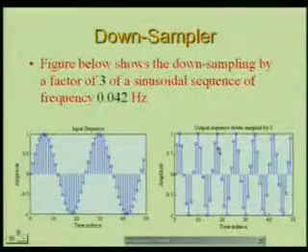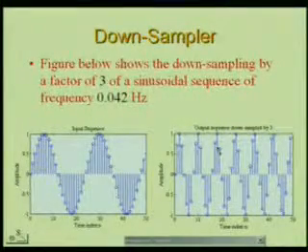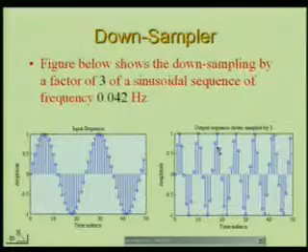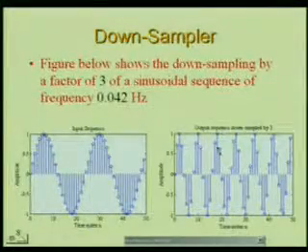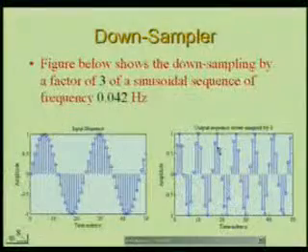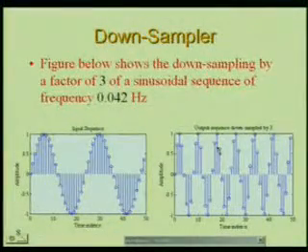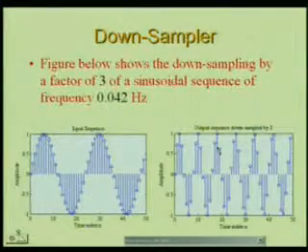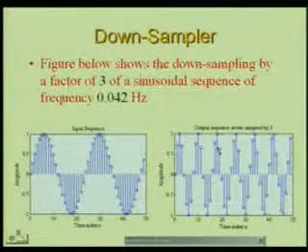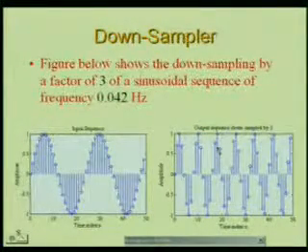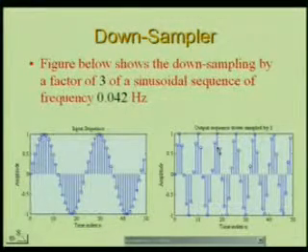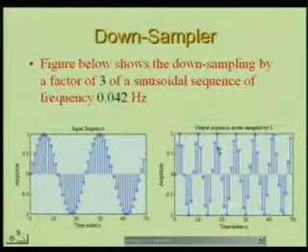So, this particular figure shows how to downsample the given sequence x[n]. The left side figure shows a discrete sinusoidal signal with frequency, say, 0.042 hertz.